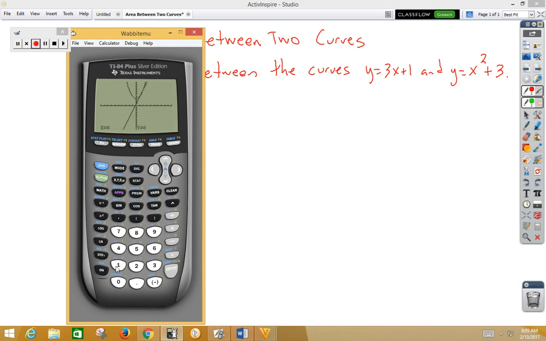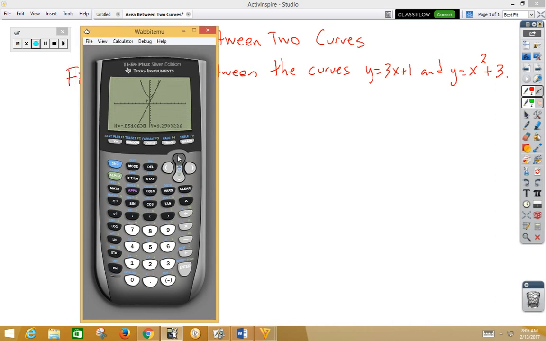Zoom 1 gets you to Z-box, and I want to get to a spot where I can make a box that shows me where I want to be. I'm up here somewhere, and it's about that high, and I don't need to be quite that far over. So I'm going to move over just a little bit, hit enter.